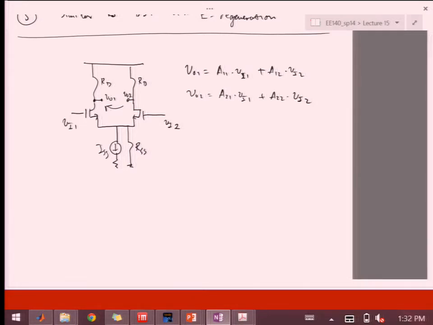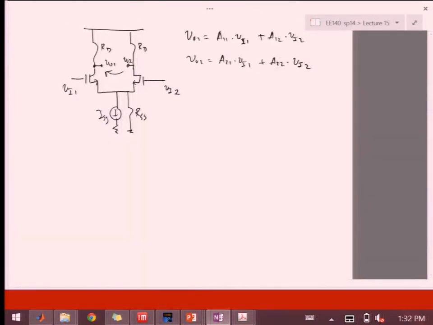Now, this means you could be doing superposition to solve. So you ground VI2 and you drive it with the VI1. I'm talking about small signal analysis. But usually, this doesn't really give you much intuition about the things that you care about, and we care about differential gain and common mode. So we can do a decomposition here by just simply changing the variables.